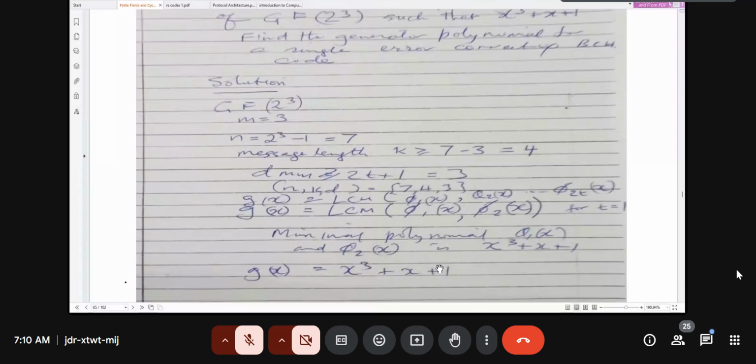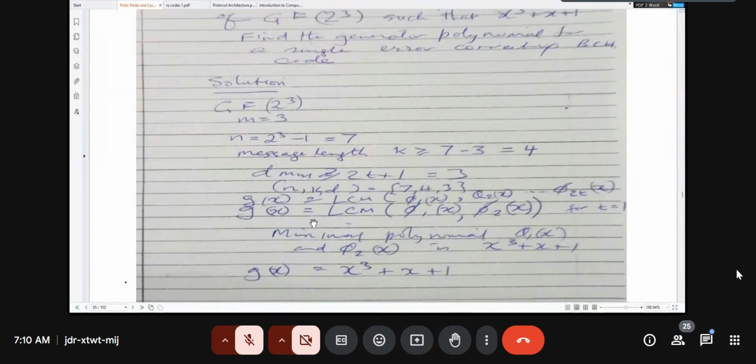With the binary BCH codes, we saw that all you need to do is look for the LCM to get the generator polynomial. We look for the LCM of these minimal polynomials up to phi 2t, and 2t will depend on what t is.